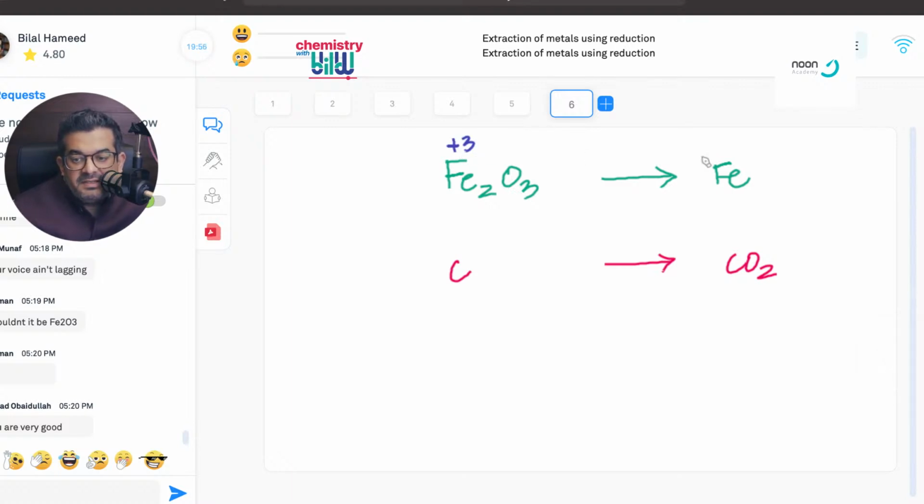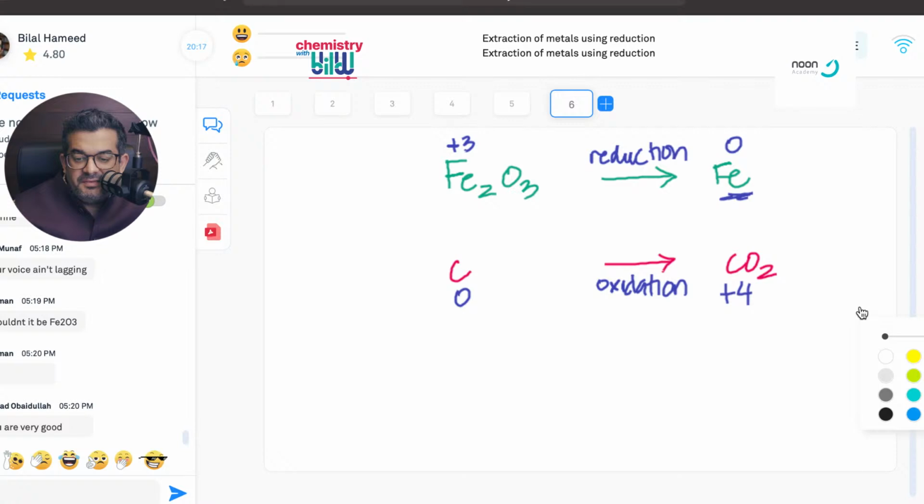Iron goes from +3 to 0. That is a reduction reaction, hence the extraction of iron through reduction. While carbon is getting oxidized from 0 to +4. You cannot have reduction without oxidation. So we have oxidation and reduction, and overall this reaction is redox.